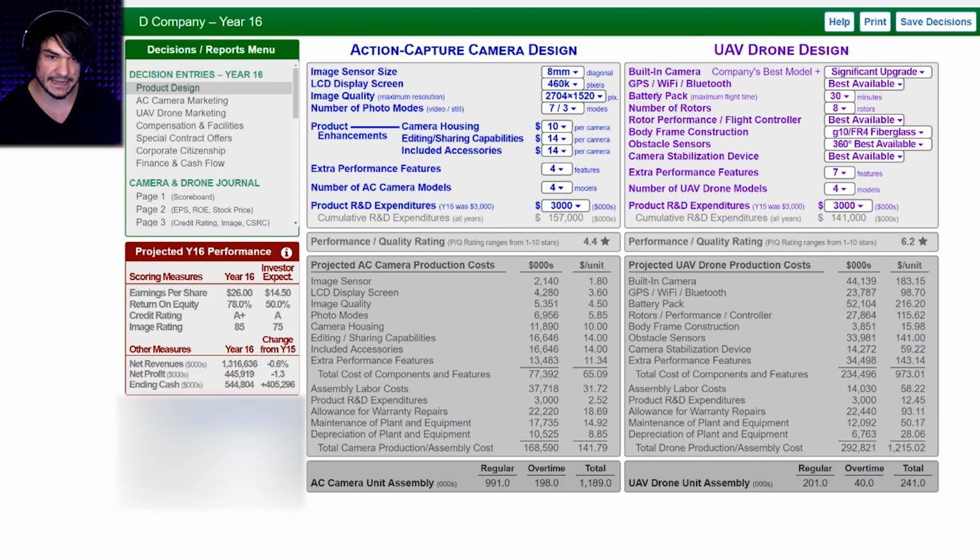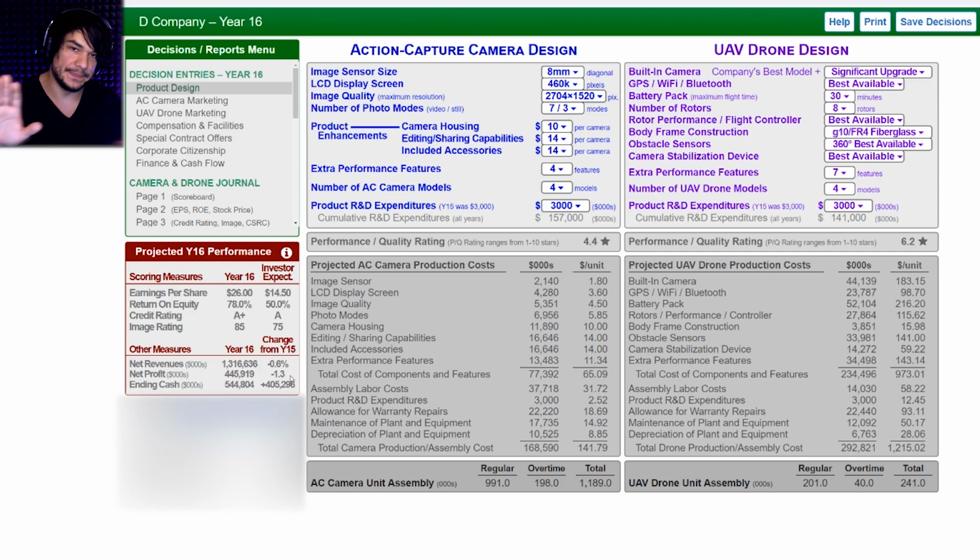Same over here, built-in camera, and so on. Don't go crazy and pick the best of the best because it'll be too expensive. The quality will be higher and the demand will be larger, but you're probably not going to make any money. So make sure you're monitoring your projections for the upcoming year down here.